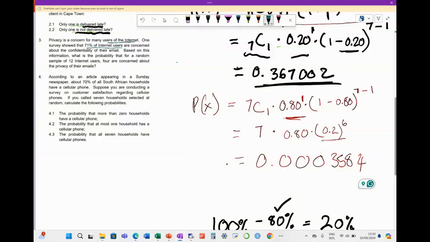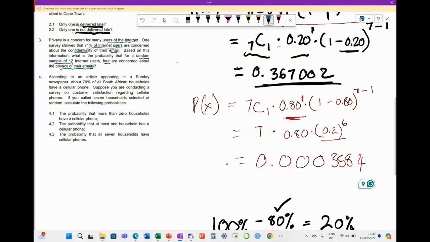Are concerned about the confidentiality of their email. Based on this information, what is the probability that a random sample of 12 internet users, okay, they're basically telling us our sample, the number of objects, 4 are concerned about the privacy of their emails.